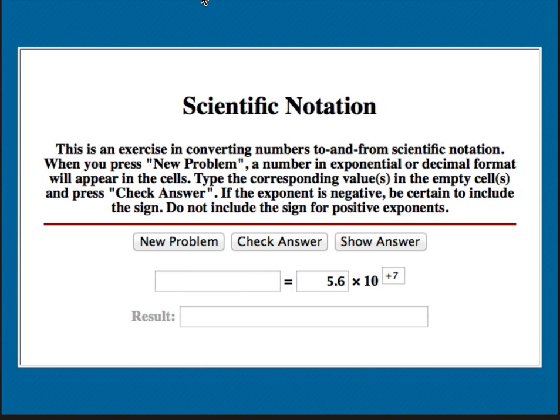Do this again with a plus 7 exponent. Because this is a plus 7, we're going to write our 5.6, and we're going to have zeros after the 6. How many? 6 of them. 56 million.